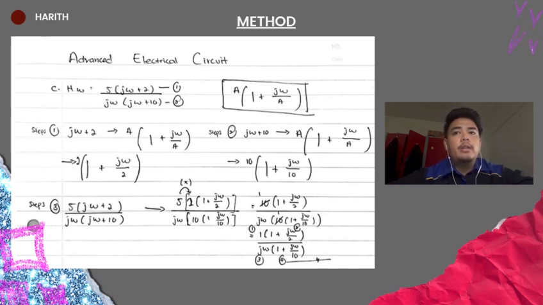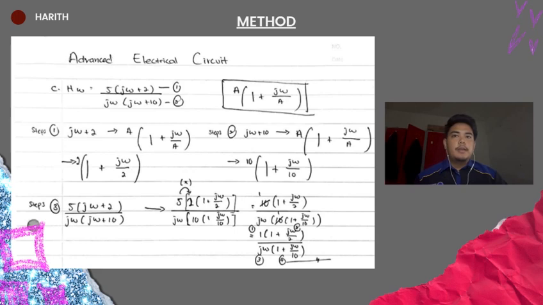For step 1, we must express the numerator in standard BERT form. The numerator jω plus 2 will be 2 times (1 plus jω over 2), and for step 2, jω plus 10, if we convert it, becomes 10 times (1 plus jω over 10).